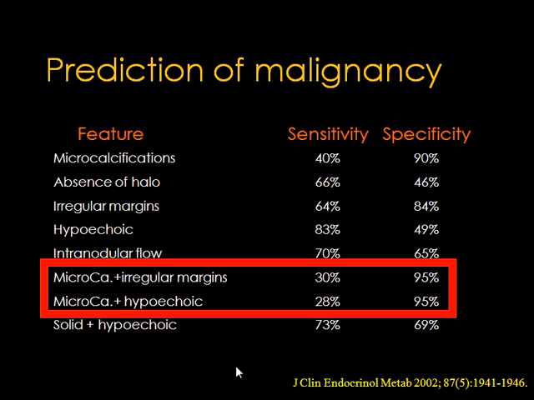Also, we can recognize here that predictive ability of ultrasound for a malignancy is effective only when multiple signs are present in the same nodule. Also, we can note that although their predictive value increases in summation, their sensitivity will decrease.